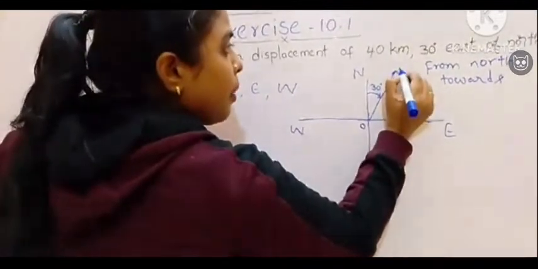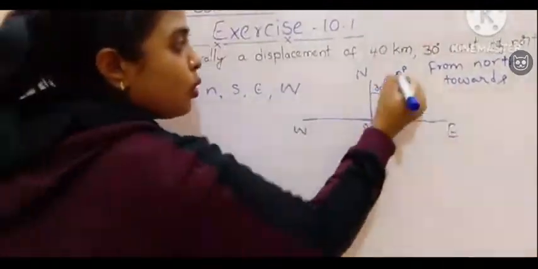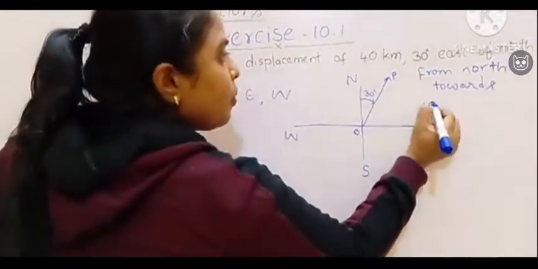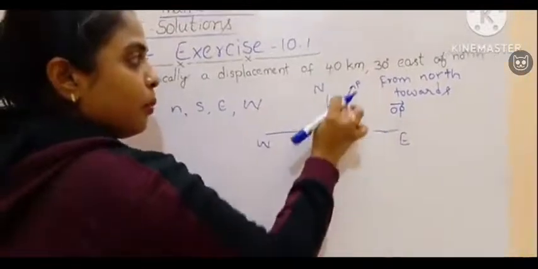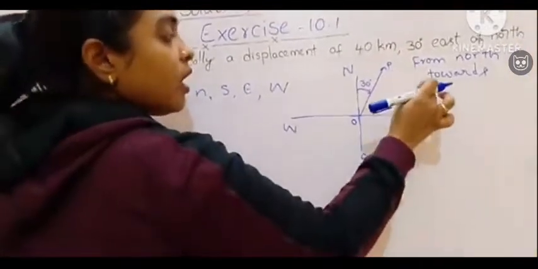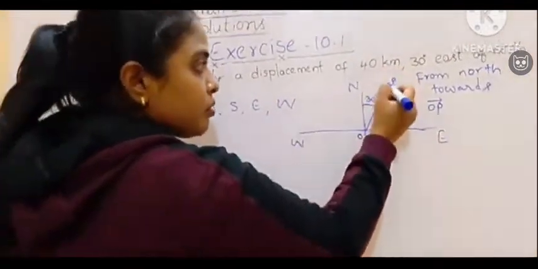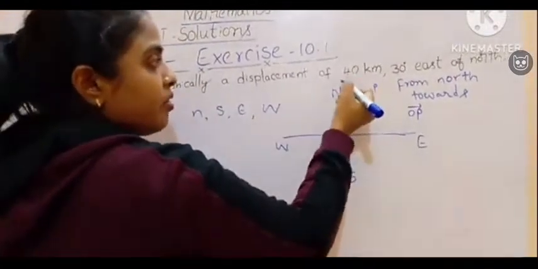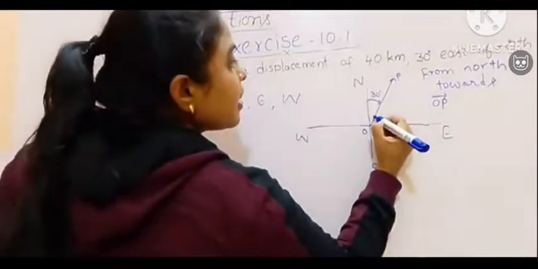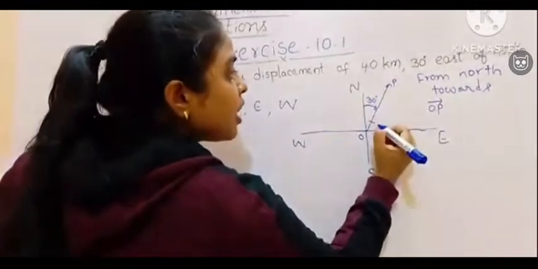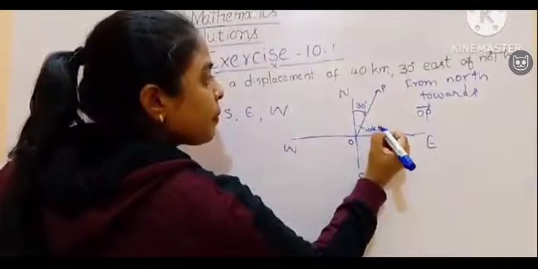I will mark it as P. So O to P is the OP bar. It is a vector. On this vector, we need to identify the magnitude 40 kilometers. I will take each centimeter as 10 kilometers.